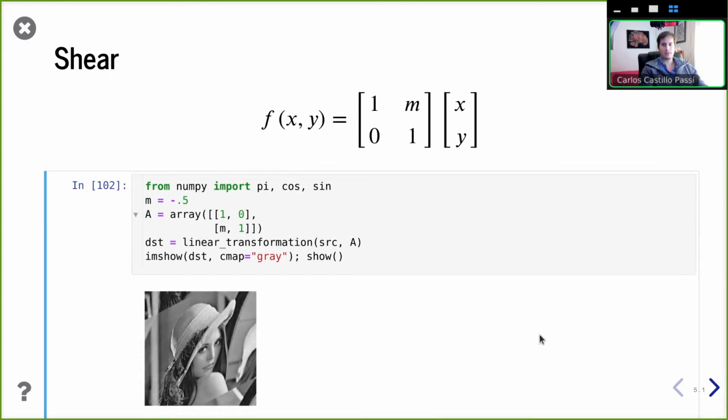The shearing, do you think it is invertible? I don't know. I think it's like an out of plane transformation, but maybe it's my point of view. Yes, you are correct. After applying this shearing transformation, some parts of the image go outside, so they are not visible anymore.